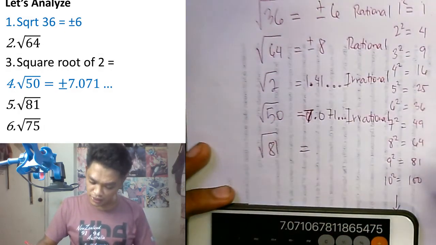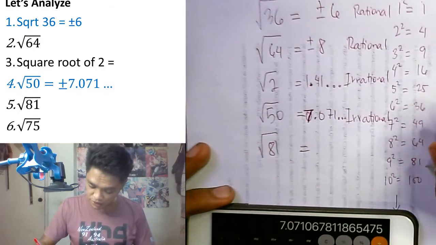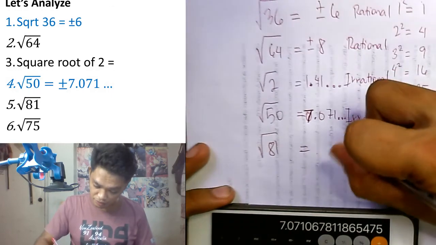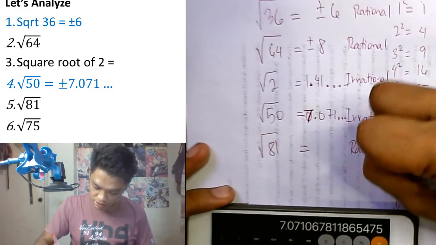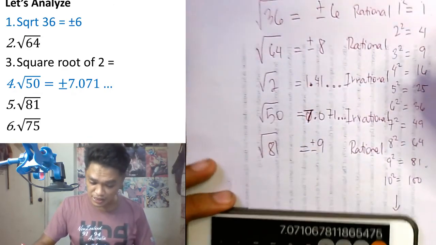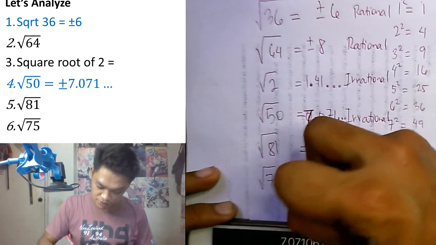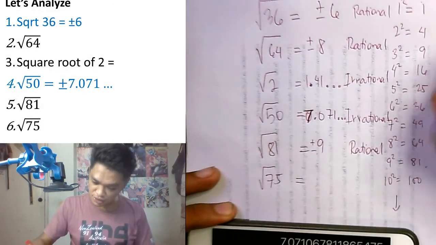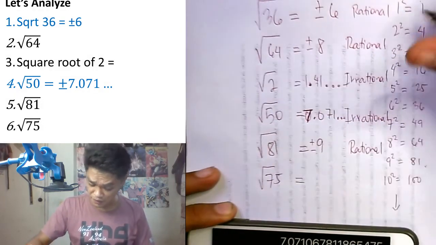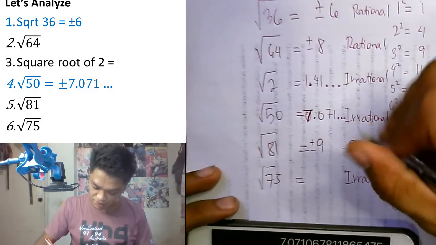Next, the square root of 81. 81 is a perfect square, therefore it is a rational number, with plus or minus 9 as its roots. Next, the square root of 75. 75 is not a perfect square, so we can write immediately that it is an irrational number.